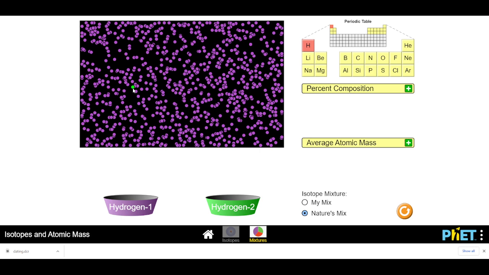But you can see the quantity. Most of the hydrogen is hydrogen 1, and then we can see a small percentage in nature that is hydrogen 2. Here they show 99.9885% is hydrogen 1.